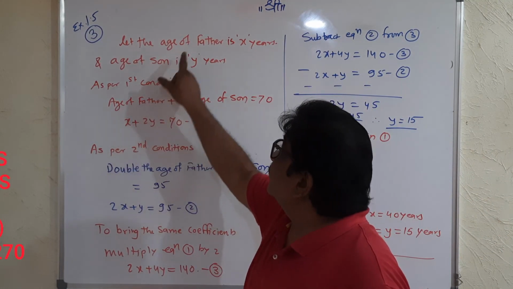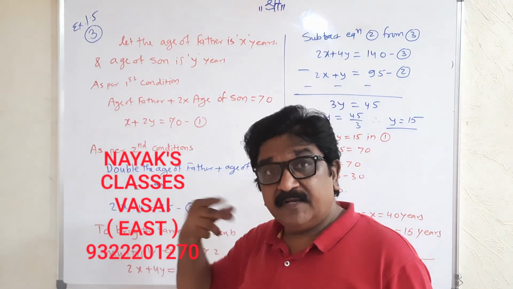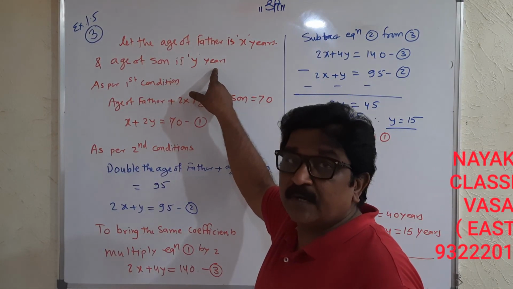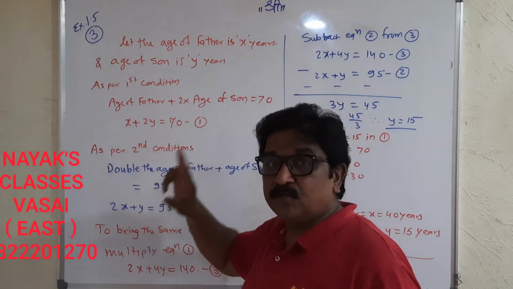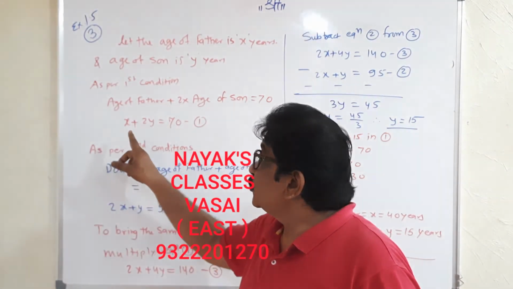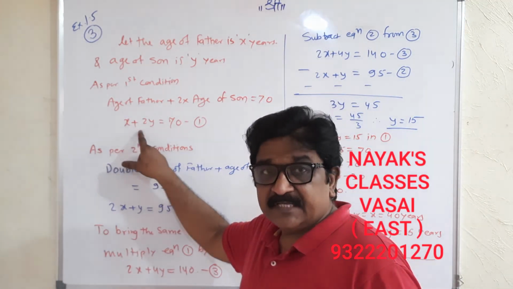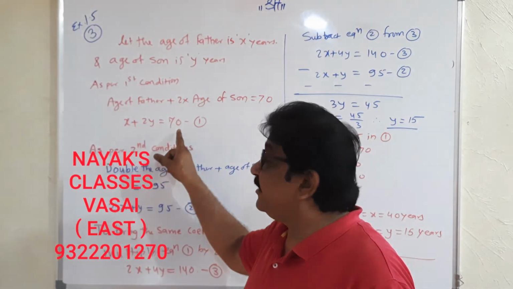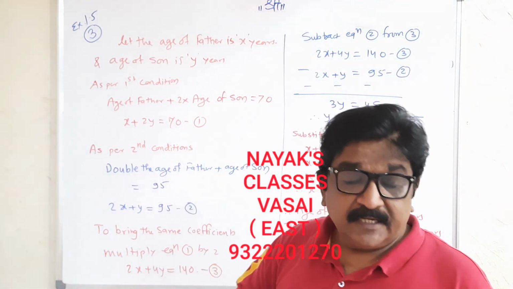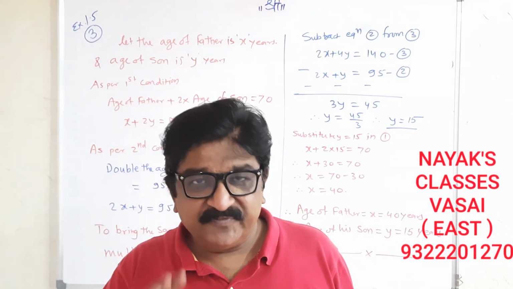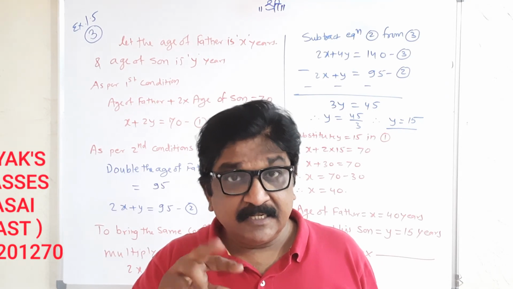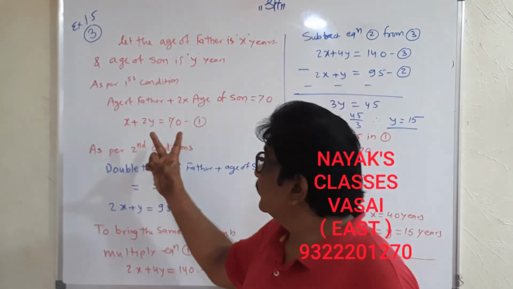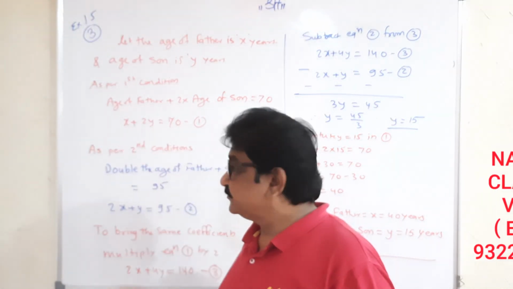Age of father is x, and age of son is y, multiplied by 2 it is 2y. So age of father plus double the age of son is equal to 70. We got equation number 1.